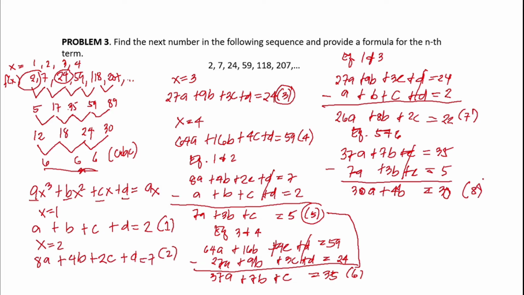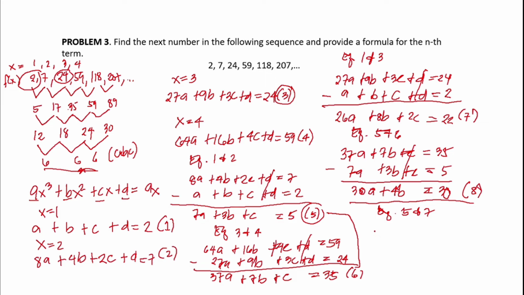Okay. So we have now equation number 8. So at this time, we have equation number 5 and 6, 1 and 3. So we could have another equation so that we could be able to get the values. Okay, so we have equation 5 and 7.